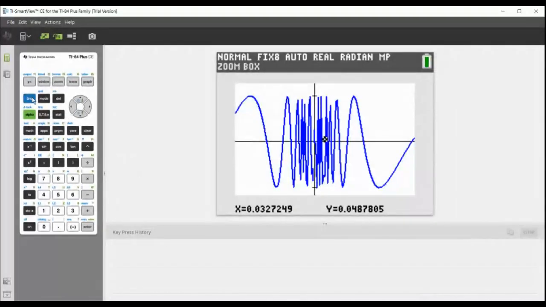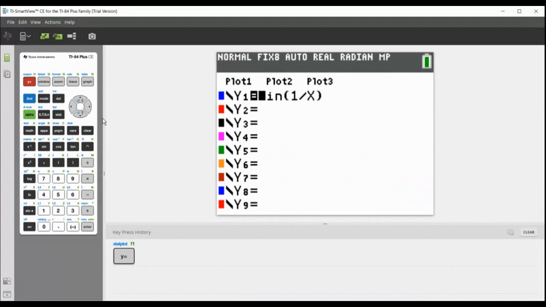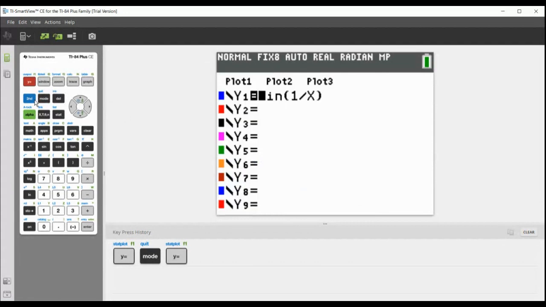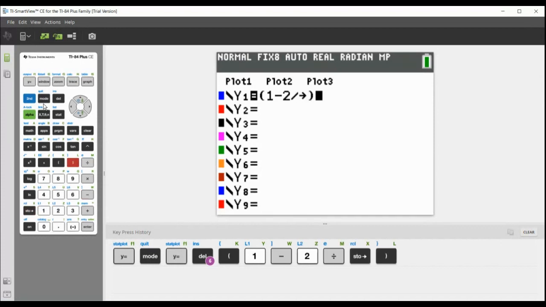All right. So first of all, in my mode here, yeah, everything's good. You'll notice, well, all right. So I'm going to type in the function 1 minus 2 divided by x.